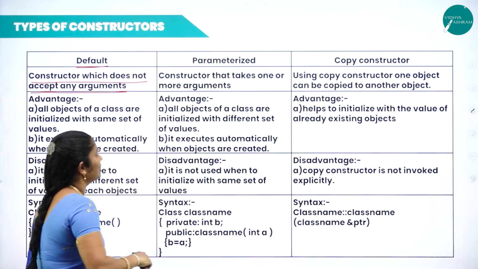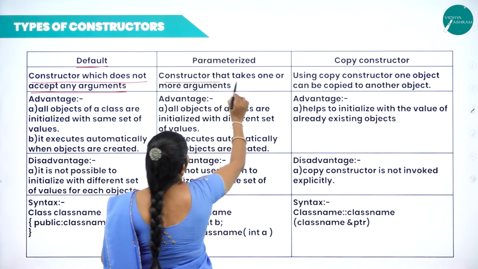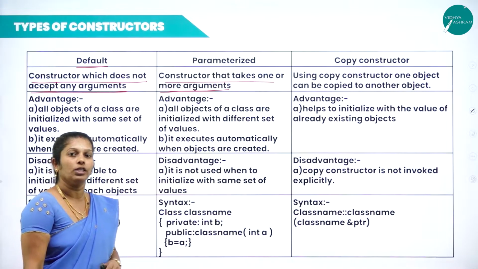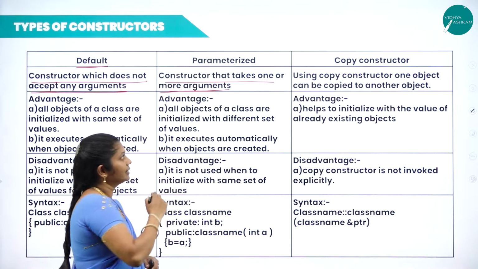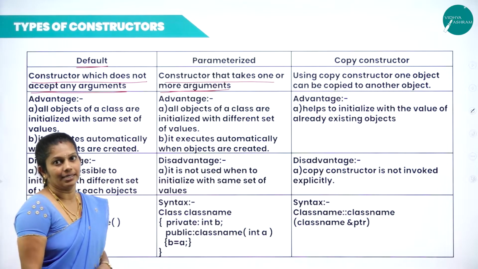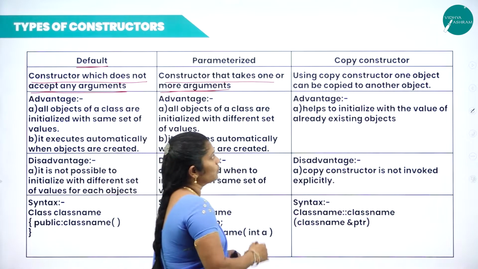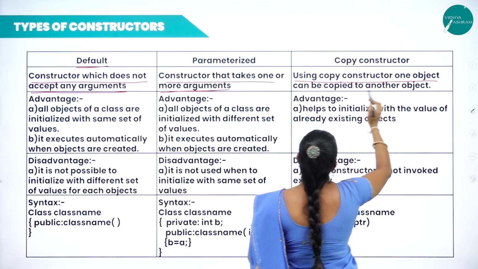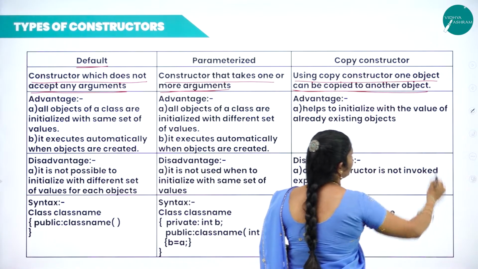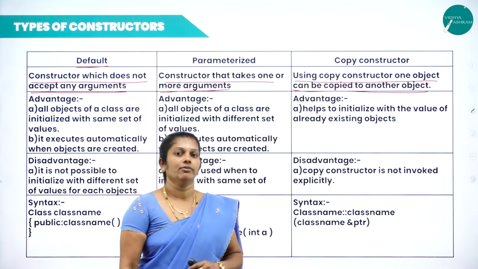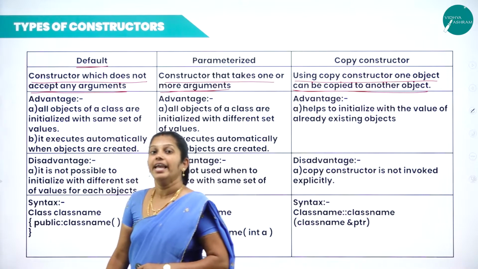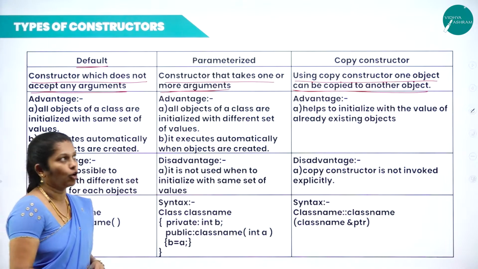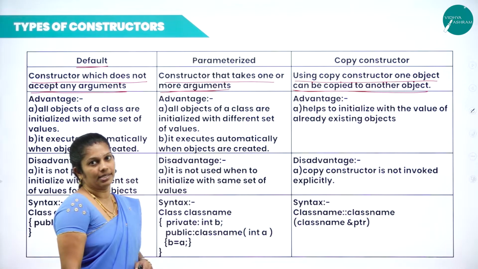But when we come to parameterized constructor, the constructor that takes one or more arguments, it may contain one or more arguments, then it can be called as parameterized constructor. Whereas the last one, copy constructor, using which one object can be copied to another object. Whatever data and initialization is in the object, we can copy from one object to another object by using this copy constructor.